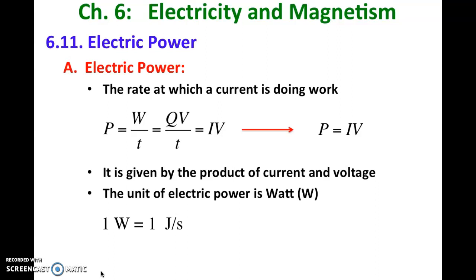The unit of electric power should be the same as the mechanical power, and thus is a watt, shortened by W, defined from joule per second. So 1 W equals 1 joule per second, same as the mechanical power we learned before.